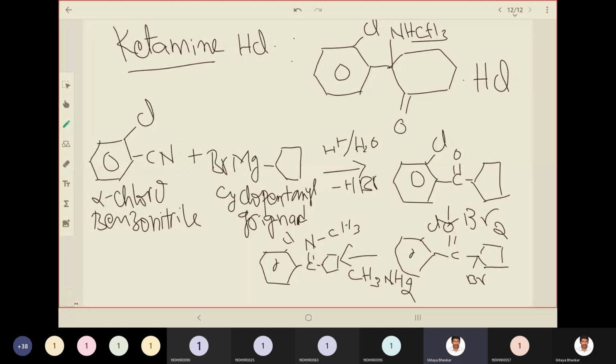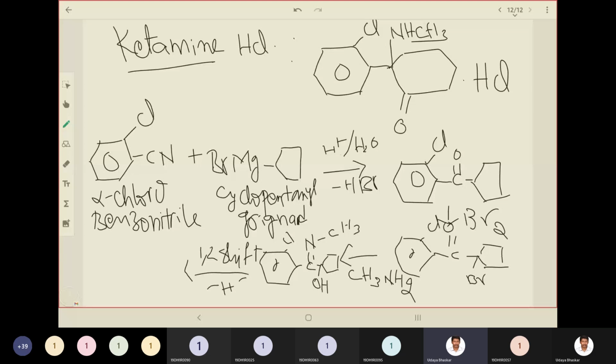Bromine is replaced with OH. So what happens here? A 1,2 shift happens. Rearrangement happens, loss of protons.